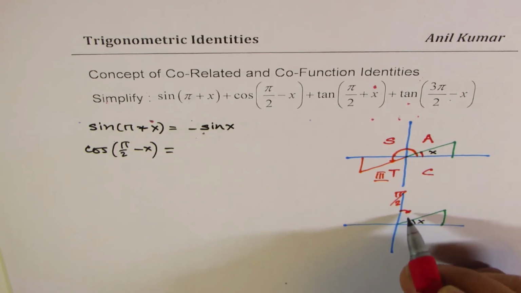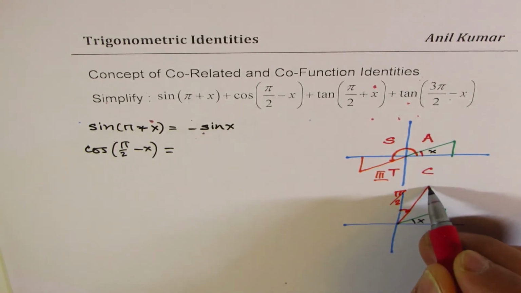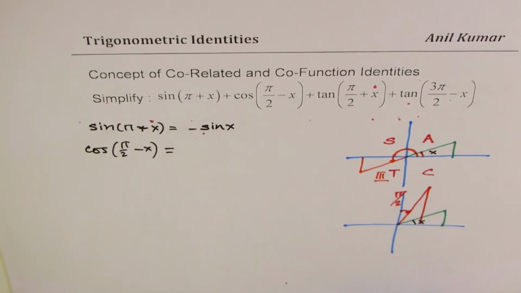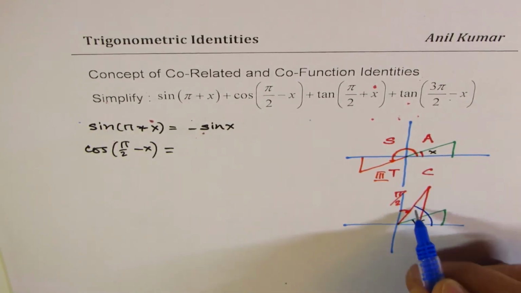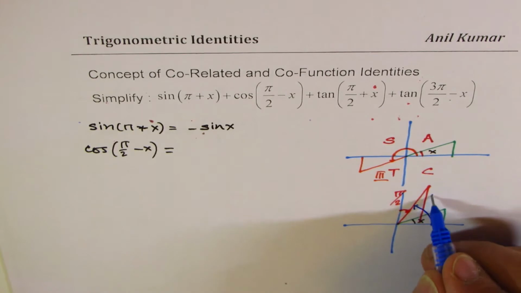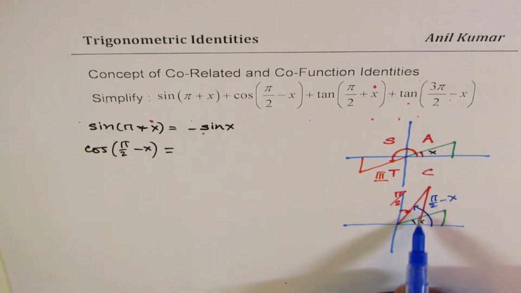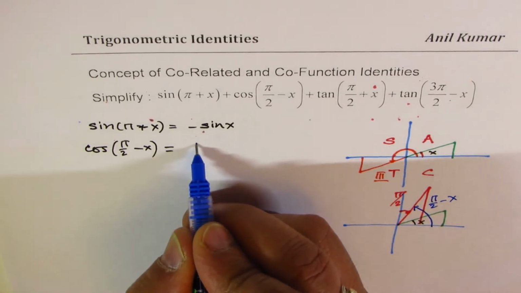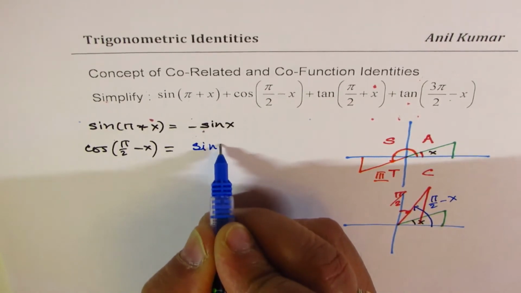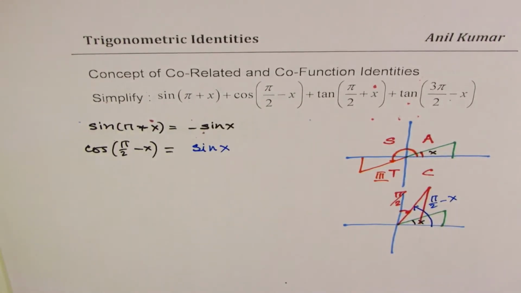Minus x means you are on this side, so the triangle kind of becomes like this. Do you get an idea? So now the angle here, that is the principal angle, is pi by 2 minus x. You can see clearly that cos has become sine, but since you are in quadrant 1, it will be sine of x. Perfect. So this term becomes sine of x.